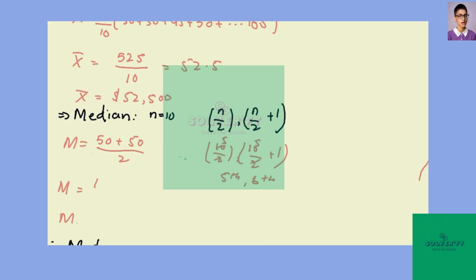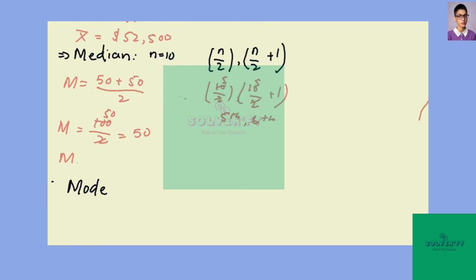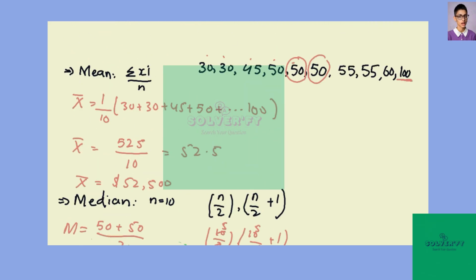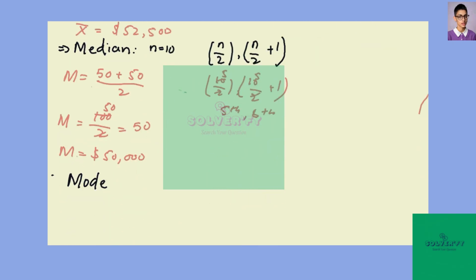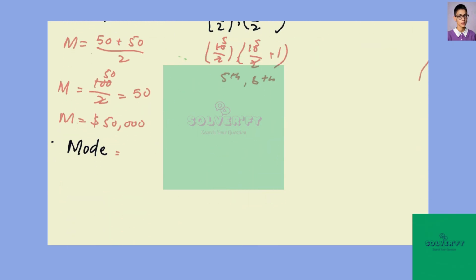This will be 100 divided by 2, that is 50. So here the median will be equals to $50,000. And let's move to mode. The most repeated number here is 50, so the mode will be equals to $50,000.